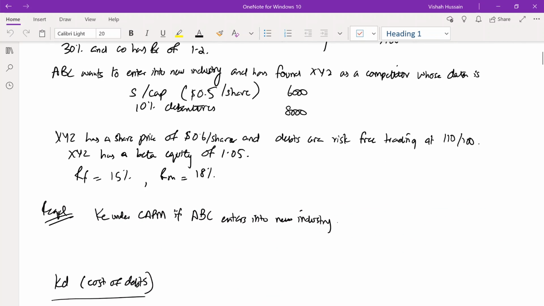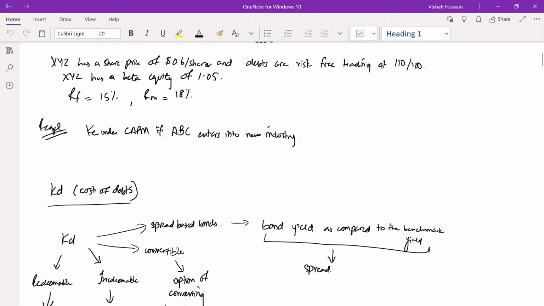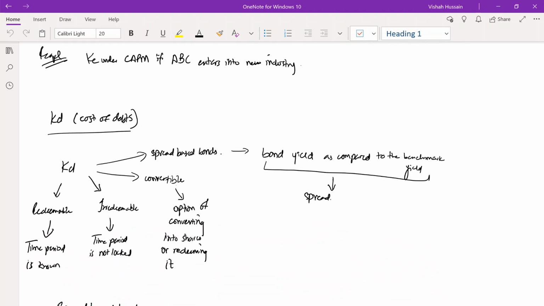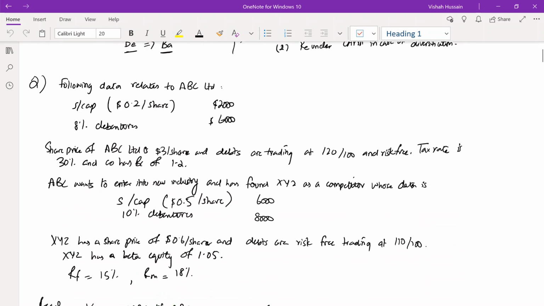XYZ has a beta equity of 1.05 and RF is 15, RM is 18%. Now you need to compute KE under diversification, that is KE under CAPM if ABC enters into new industry. And I'm sure you would be able to do both of these examples, right?